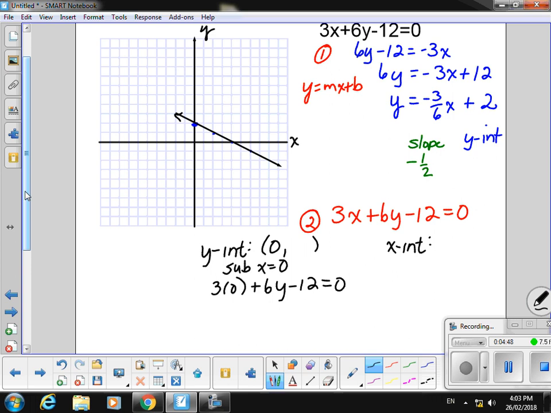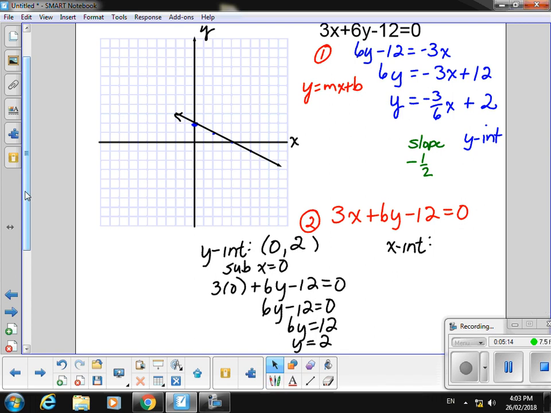So all I'm doing is making the y-intercept point by substituting the x value into the equation. Well, 3 times 0 is 0. It's gone. I am left with 6y subtract 12 equals 0. I'm going to add 12 to both sides and divide both sides by 6, which is exactly what I did last time. I'm finding the y-intercept, 0, 2.